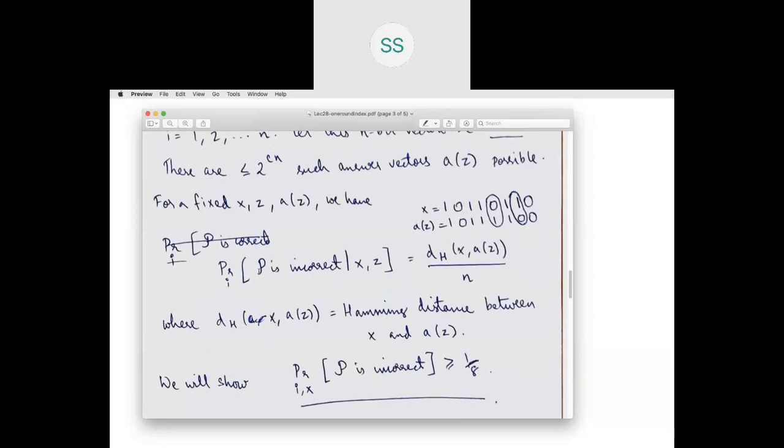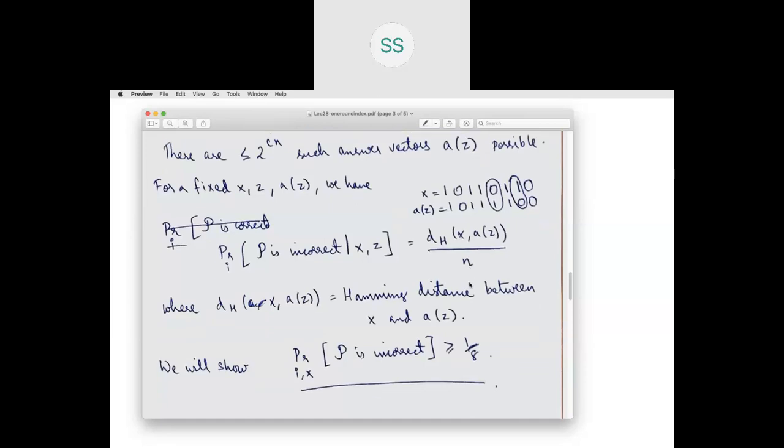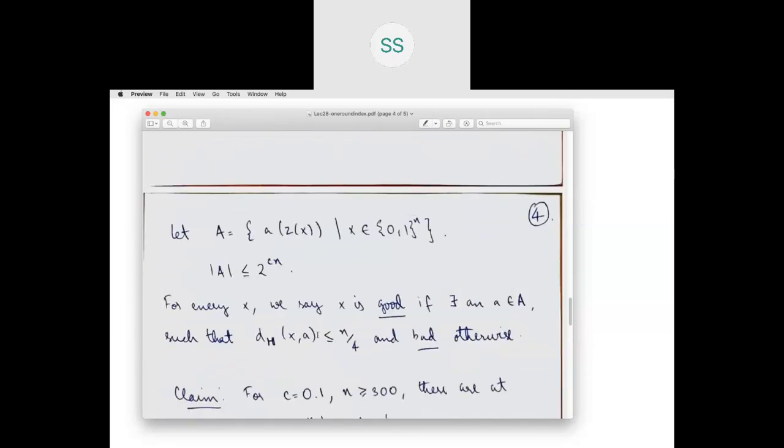And now the probability of the protocol being incorrect, where the probability is over I, is given by the Hamming distance between x and a_z divided by n, right? And we say that x is good if there is some answer vector that is close to it.